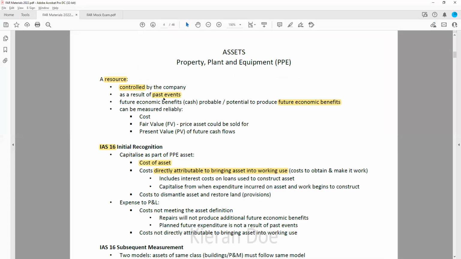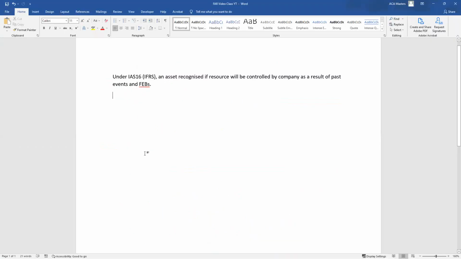So you could briefly start with the relevant parts of the relevant standard, and then we could say the amount capitalized as an asset is the cost of the asset and any directly attributable costs. That's the key thing that we're looking for here.